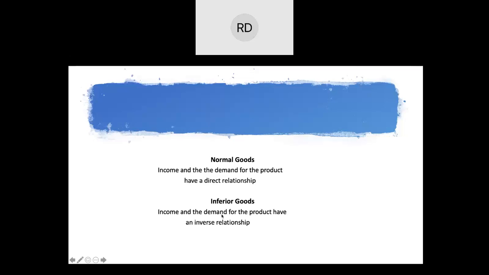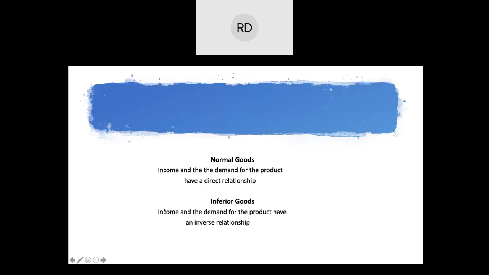All right. So I'm gonna say that once again, because I might have confused you a little bit. So for inferior goods, income and the demand of the product have an inverse relationship, which means that once my income increases, my demand for that good decreases.